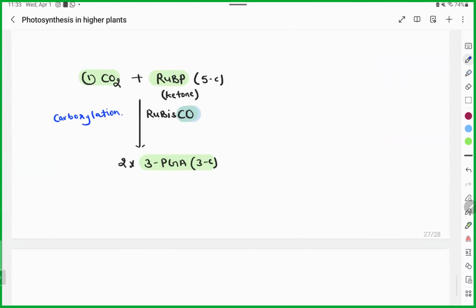Then this PGA will undergo change into 3 carbon only, and this process is known as reduction. Reduction of what? Reduction of PGA. How?